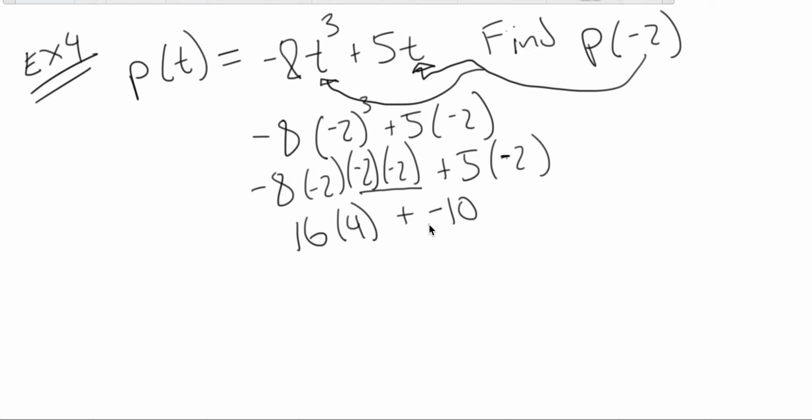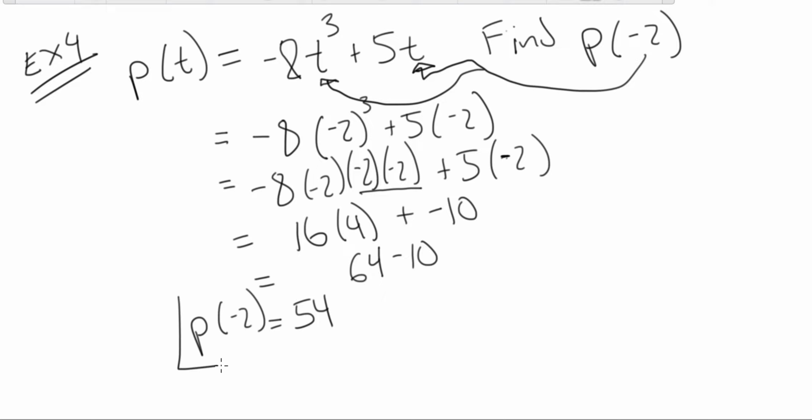We could have just written negative 10. 4 times 16, we are going to get 64 minus 10. These are all equal to our original function, p of t. 64 minus 10, we get 54. So p of negative 2 equals 54.